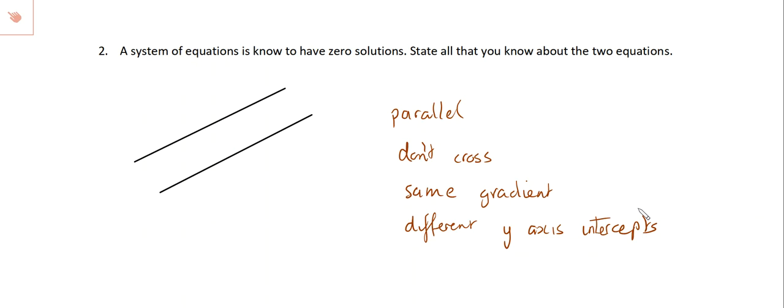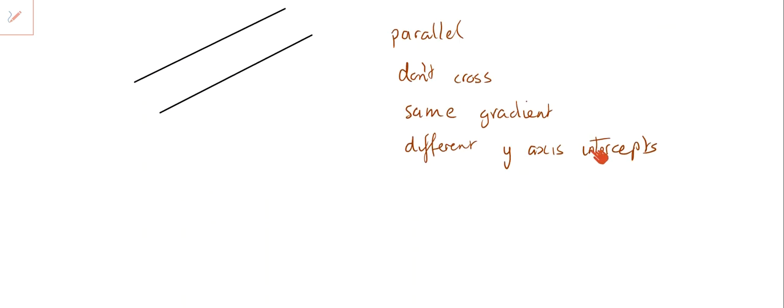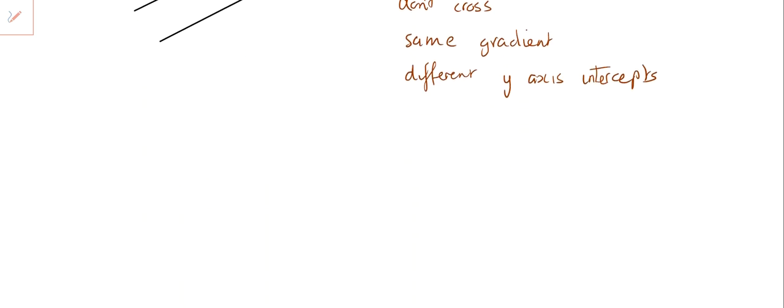Now, the only thing maybe I should have added to this question was this could be a system of equations which could be non-linear. So, for instance, this is not in the standard level course. You could have a linear one and a quadratic that never meet, never cross.